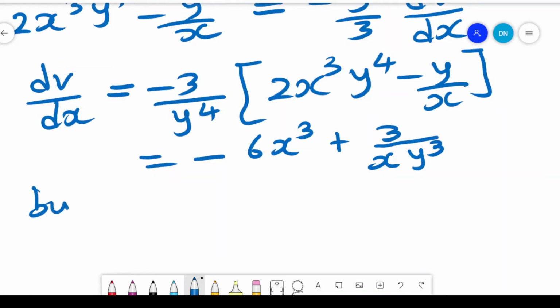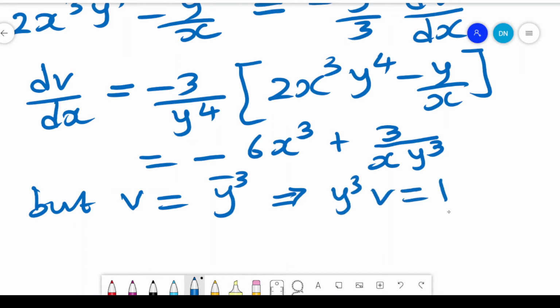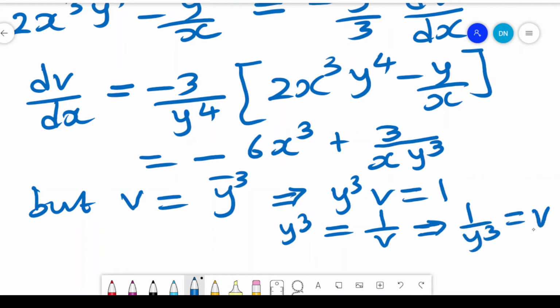But we know that v = y^(-3). Therefore y^3 v = 1, and that means y^3 = 1/v, or 1/y^3 = v. And that's what we want to substitute.